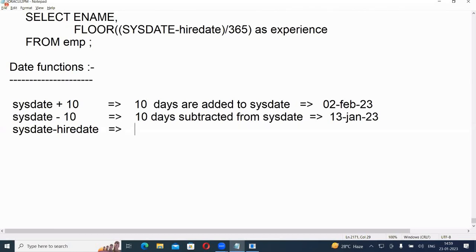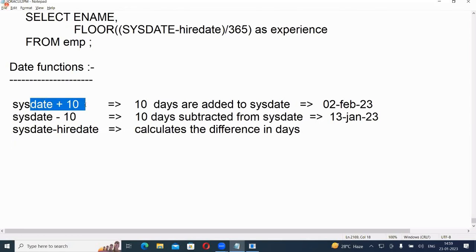What does this give? Experience in days. What is this expression? It calculates the difference between two dates, in days. The difference is calculated in what? Days.